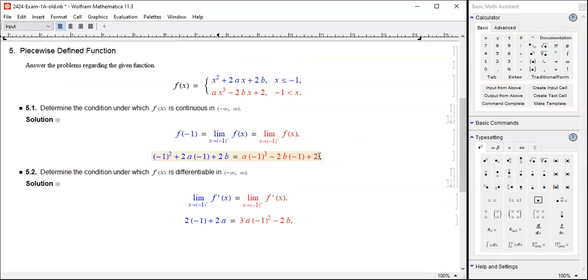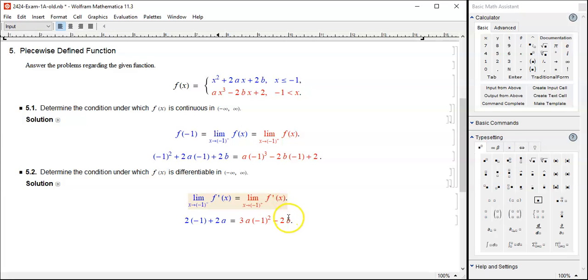Plugging directly x equals to negative 1 and checking left-hand side and right-hand side are the same. So left-hand side limit and right-hand side limit are the same. That's going to give you equation 1. Here, blue is left-hand side and red is right-hand side. Now, taking the derivative and plugging in x equal to -1.